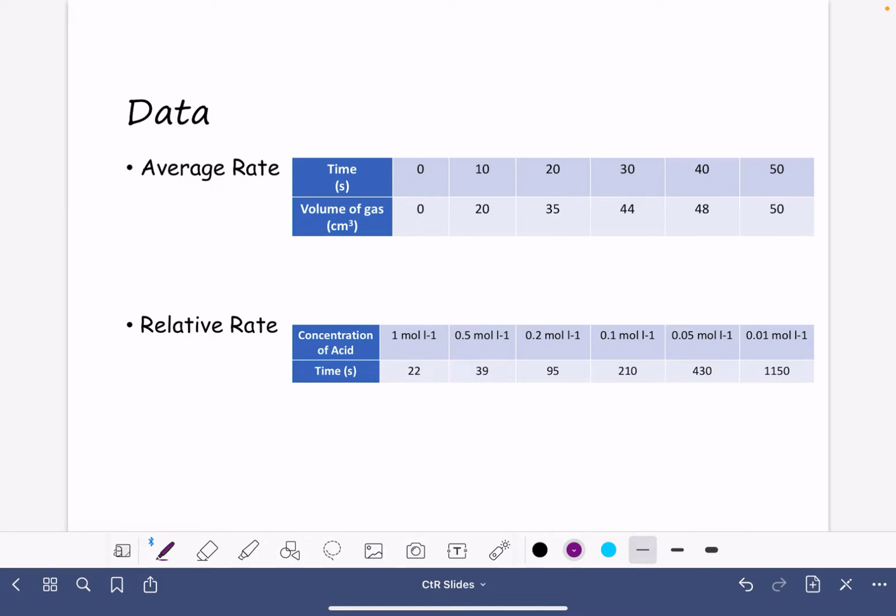So let's imagine you did an experiment with hydrochloric acid and marble chips, so calcium carbonate. Okay, and you were looking at the volume of gas, volume of carbon dioxide that's produced over a 50-second period. Well, you'd be measuring it for longer than that until the volume of gas stopped, and then you stop the time.